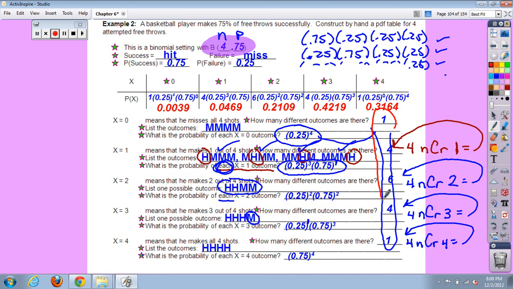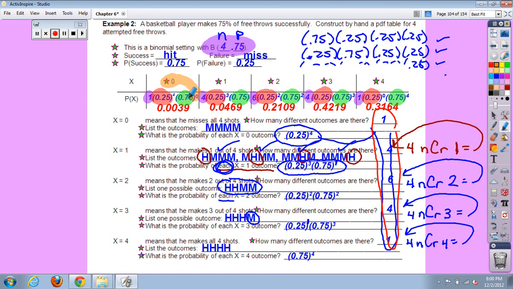I have my 5 numbers here, 1, 4, 6, 4, 1, that I always begin with, and then I always put in my miss probability, 0.25, and then I put in my make probability, 0.75, after it.